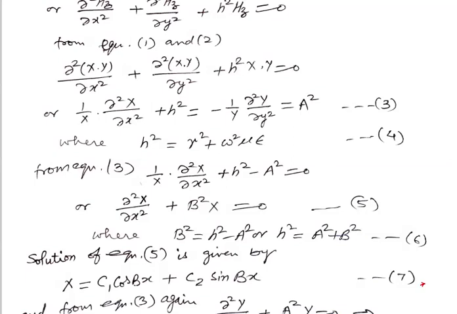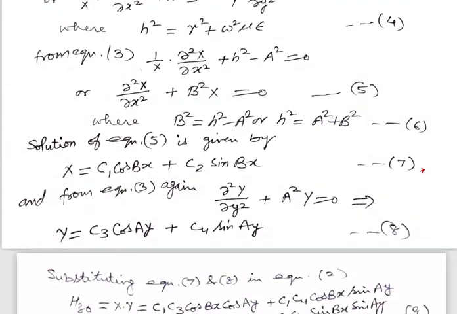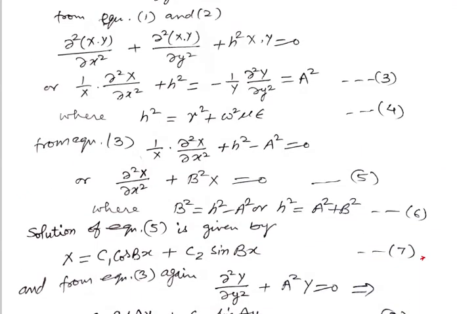So now in equation number 3, if we first consider the left hand side of this equation equal to a constant a square, then this takes the form 1 upon X del 2X over del x square plus h square minus a square equal to 0.